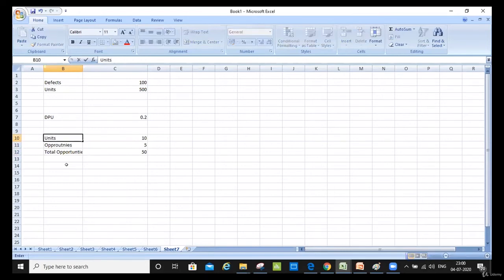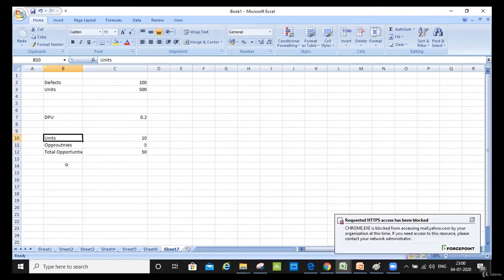It is units here, and let's consider the defects. Okay, so I have 5 defects, and I have 10 units, and each unit has 5 opportunities, which means there are 50 parameters on which I am measuring how many defects I have.